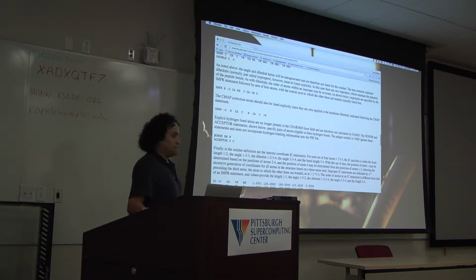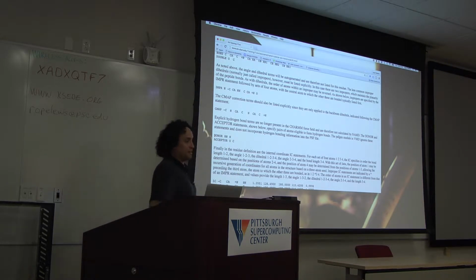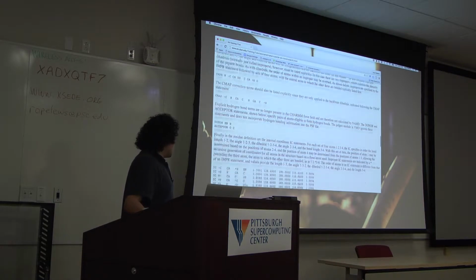These are explicit hydrogen bonds; at some point the force field people tried to have them, but it was kind of a mistake. No one uses explicit hydrogen bonds anymore, but you will still have these entries that explicitly define a hydrogen bond.